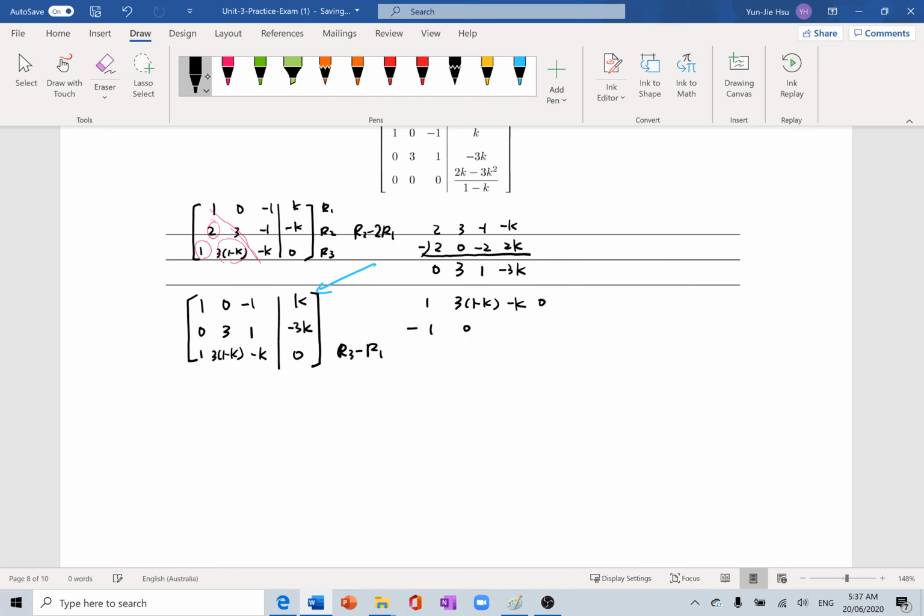So 1 minus 1 is 0, 3 times (1 minus k) minus 0, so you still get 3(1 minus k). Negative k minus negative 1 becomes negative k plus 1. 0 minus k, negative k.